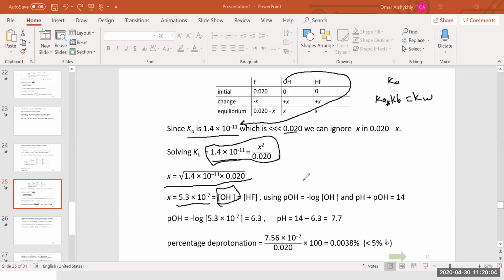Now let's take the minus logarithm of the concentration of OH, and we will get the pOH. pOH equals 6.3. Then we know pH plus pOH equal 14. So we will use this relationship to calculate the pH. pH will equal 14 minus the pOH, which is 6.3, and then we will get 7.7. That is the pH.